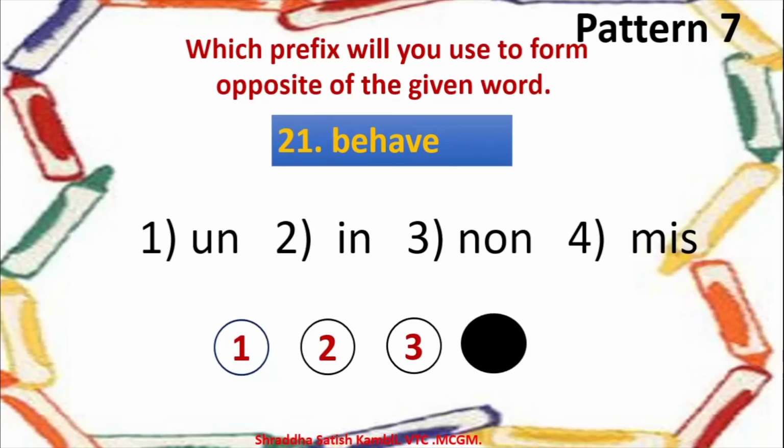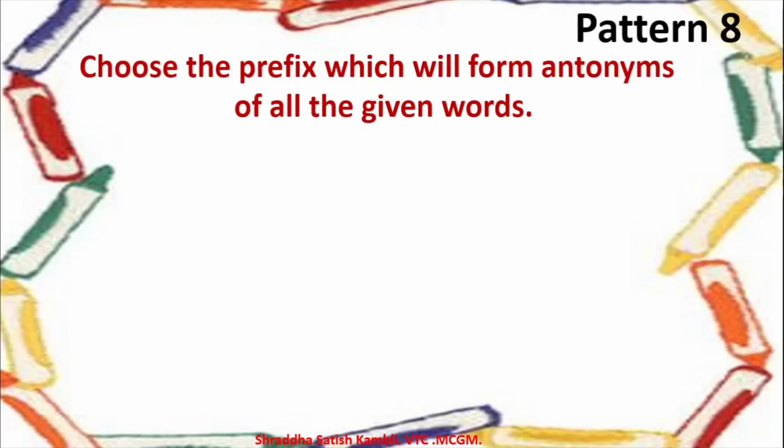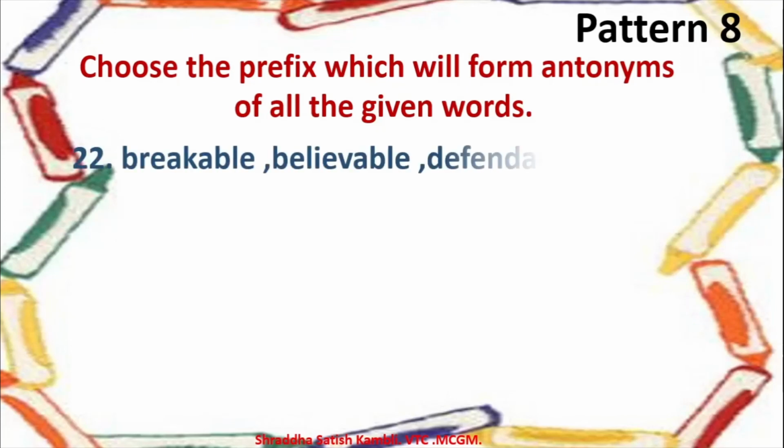So children, we have done 7 patterns of questions now. Coming to the last pattern, pattern 8, and the last set of examples. Choose the prefix which will form antonyms of all the given words. So here you have to find a common prefix which will work to form antonyms of all the words. Which are the words in this example? Let's see.